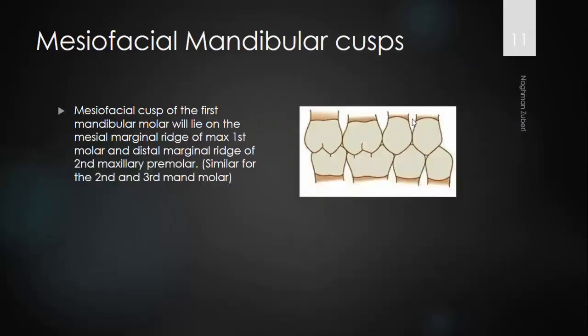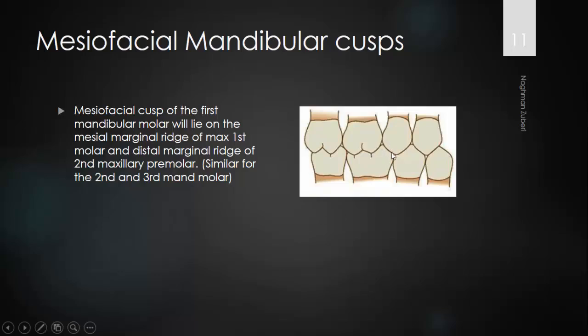Mesiofacial cusps of the first mandibular molar will lie on the mesial marginal ridge of the maxillary first molar and the distal marginal ridge of the second maxillary premolar. So over here we can see the mesiofacial cusp.